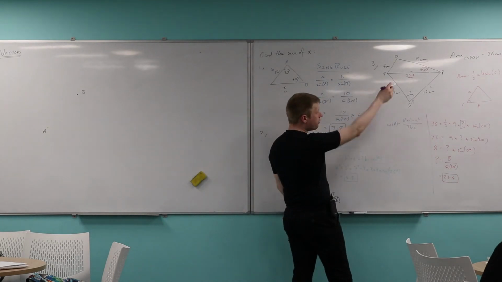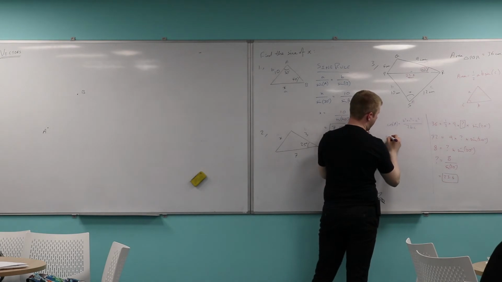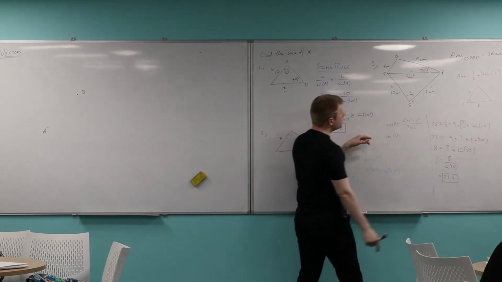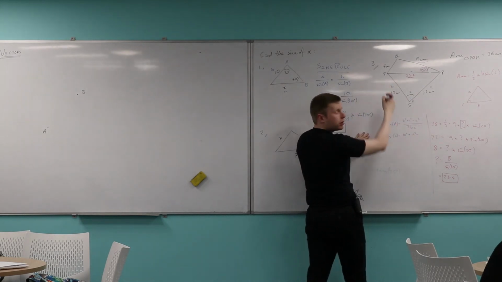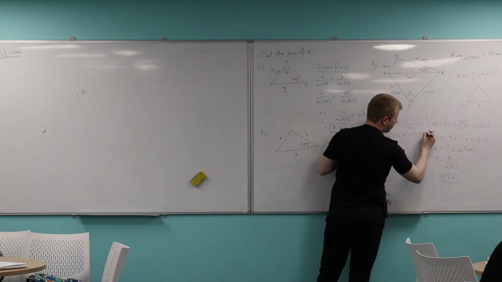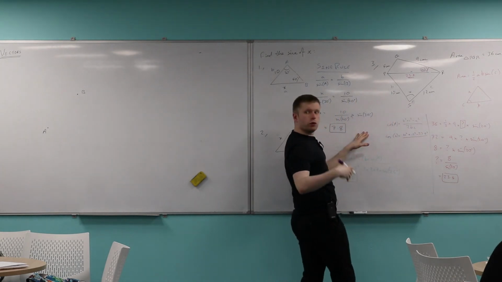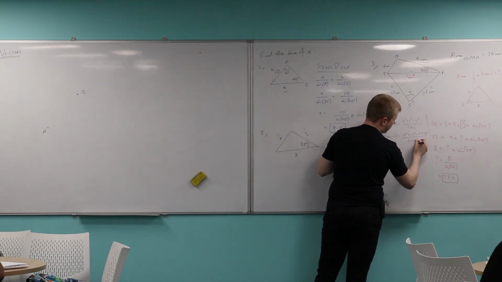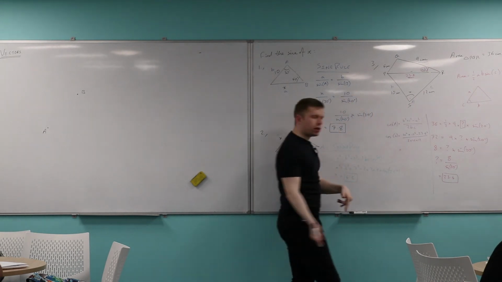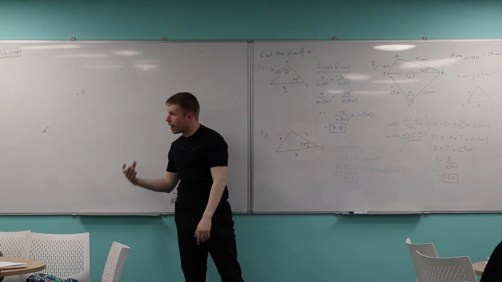So if I stick the relevant things in the right place, then I've got cos of x must be equal to b squared, which is 10 squared, plus c squared, which is 12 squared, minus a squared, which is 23.4 squared, we just found that, all divided by 2 times b times c, so 2 times 10 times 12. Okay? And then, of course, you can take the cos inverse of that to find what x is.